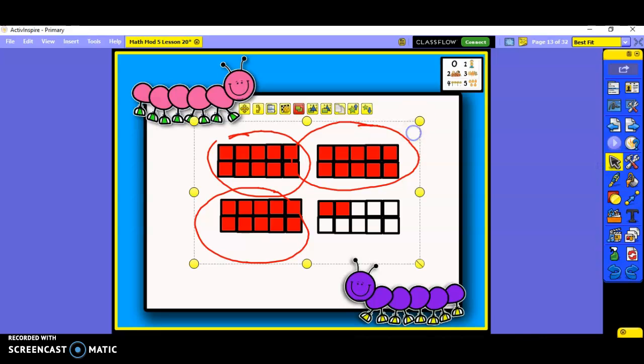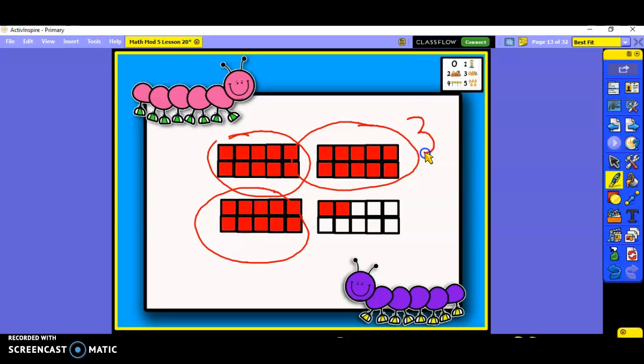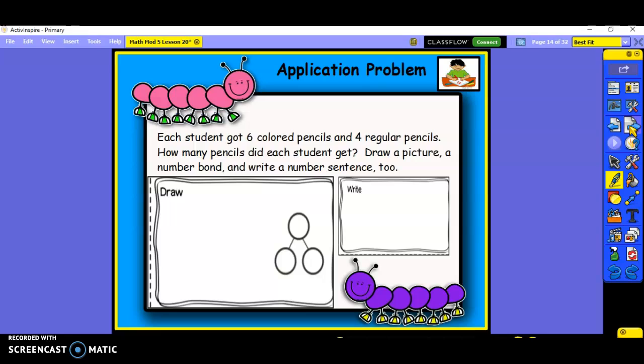That would be the number 32. 10, 20. Let's write that on the top of these. 10, 20, 30, 31, 32. 3 10s 2, 32.